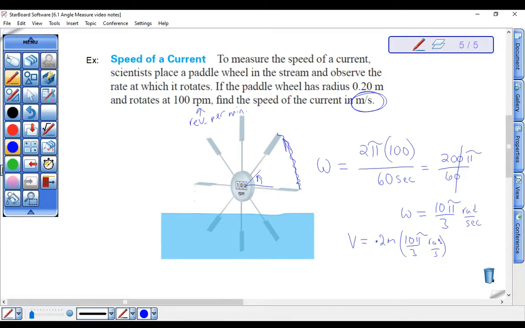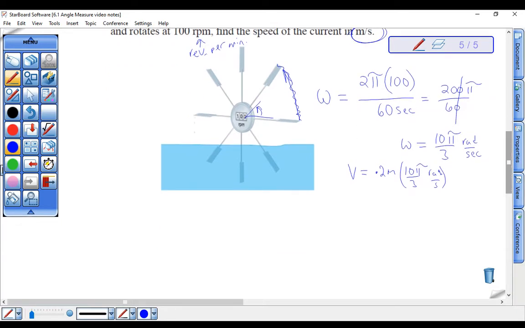Remember, 0.2 is the same as 1/5, so that means my speed would be 10 pi over 15 meters per second. If I reduce that, my speed would be 2 pi over 3 meters per second. Not velocity, speed. Sorry.